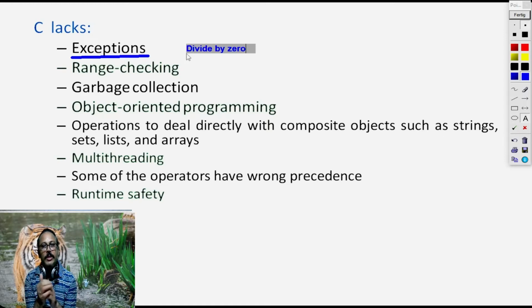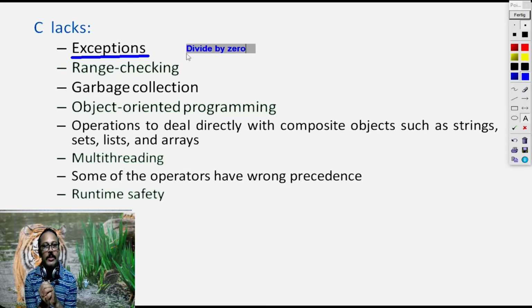It lacks operations to deal directly with composite objects such as strings, sets, lists, arrays, etc. You can say that all these are a collection of elements. A string is a collection of characters. Sets and lists can contain different elements. Similarly, arrays are a collection of elements.